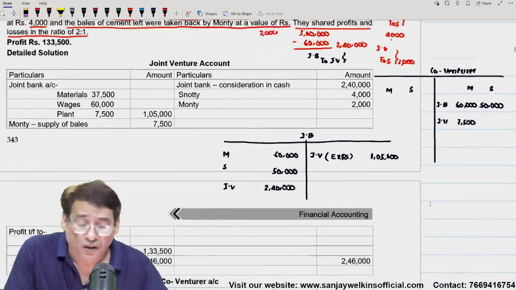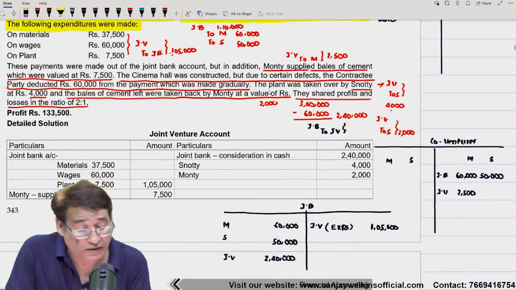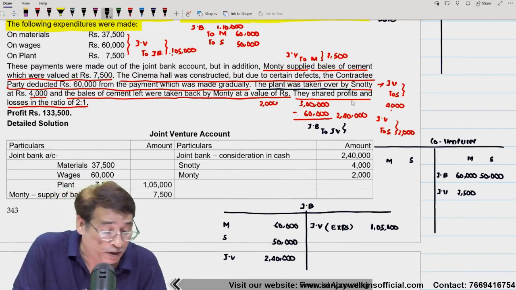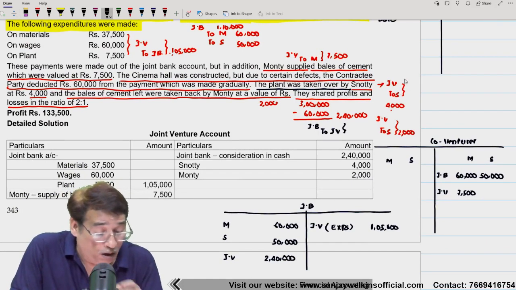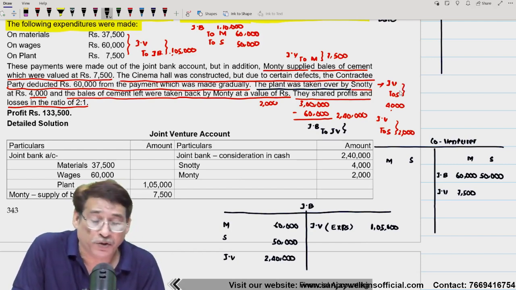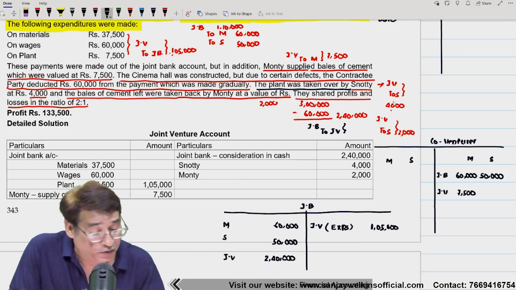Correct? Now, the question says that the plant was taken over by Snooty. So the plant is taken over by Snooty. My entry will be joint venture account debit to Snooty. Amount will be 4,000.